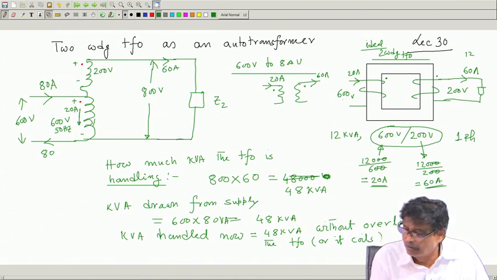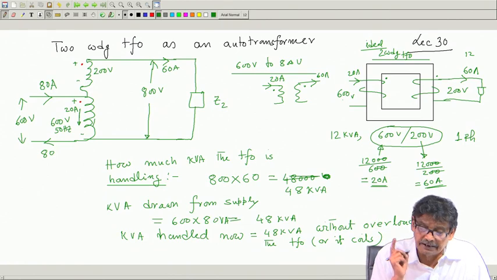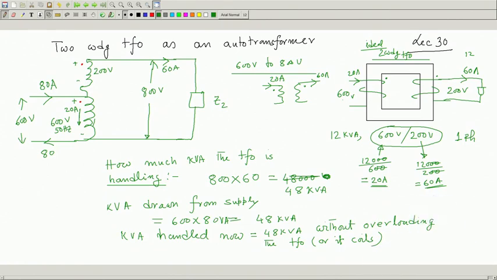It has not overloaded. Rated current of this is 60 ampere, fine. Rated current of this is 20 ampere, it is fine. Rated voltage of this winding is 600 volt, rated voltage of this winding is 200 volt. So, everything is in rated condition so far as windings or coils are concerned, and still it is handling as a two winding transformer.